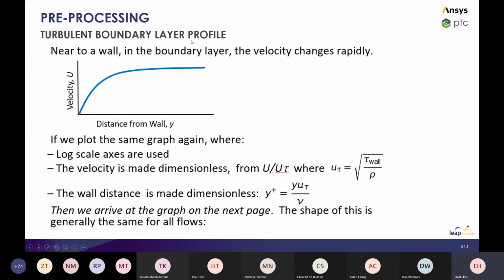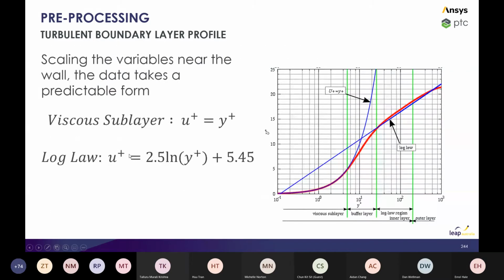So you can see here that our velocity will increase with increasing distance from the wall. Now, these are the three layers that we were talking about before. So we get our viscous sublayer, our buffer layer, and our log law region.